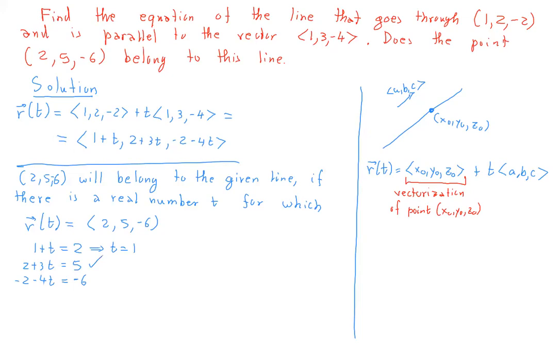For the third one, the answer is again yes. So it's a big yes. And we can finally answer the second question by saying that indeed the point (2, 5, -6) belongs to the given line.